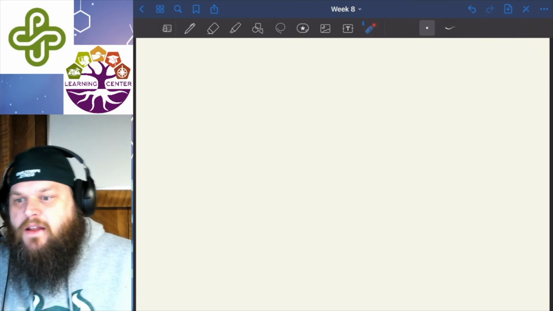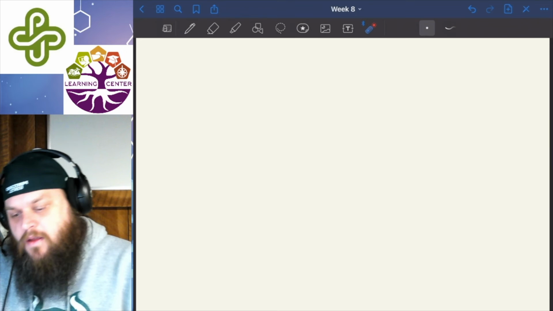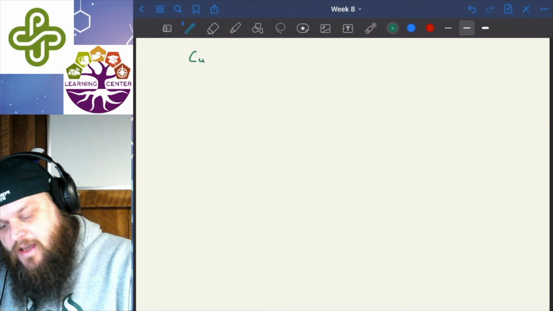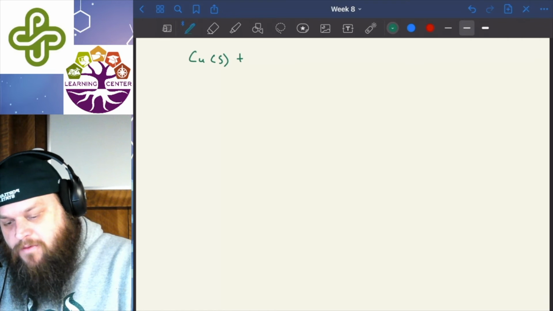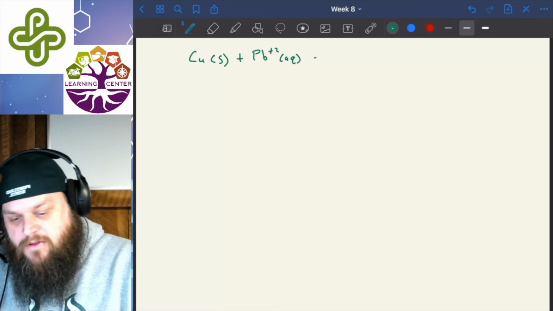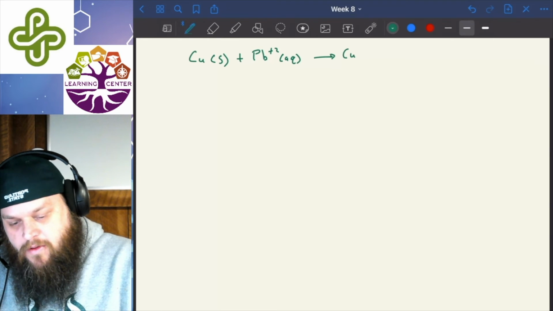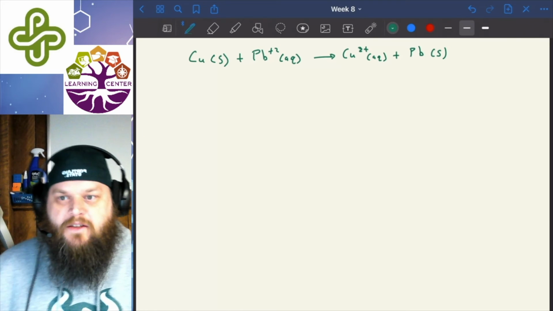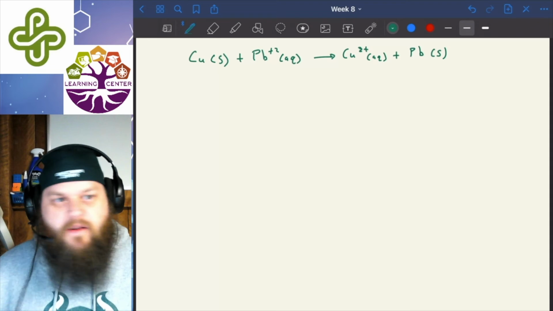So I'm going to do that here. Again, I'm going to start out by writing the full chemical reaction that's happening. It's always good for reference. This is going to be lead 2 plus in aqueous solution produces copper 2 plus aqueous plus lead solid. So the question is, will this happen?